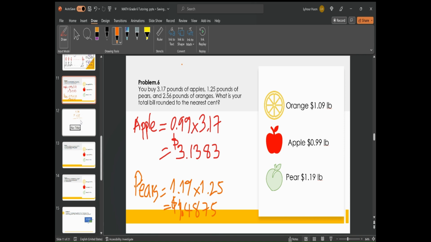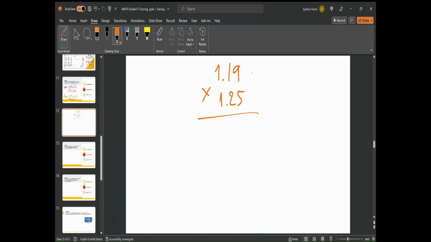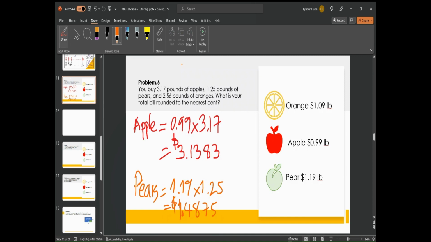Now we don't buy just apple and pear, we also buy the orange, right? So we also need to find the cost of the orange. The cost of the orange is the price of the orange per pound times what we bought, which is 2.56 pounds.